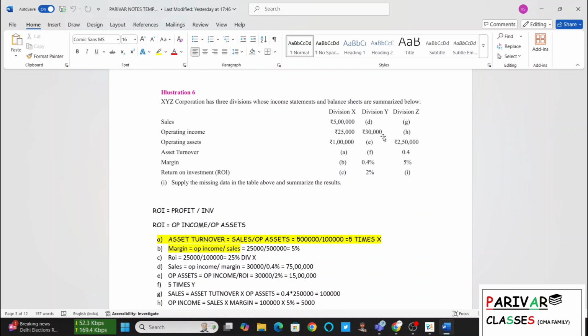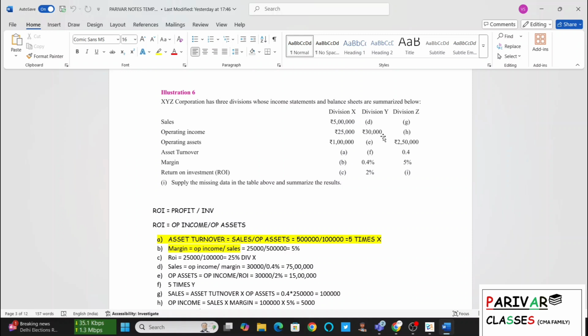And now E, operating assets. I think using two formulas, again we can get operating assets. One is asset turnover ratio and the other is ROI. Using ROI we can find out operating assets.